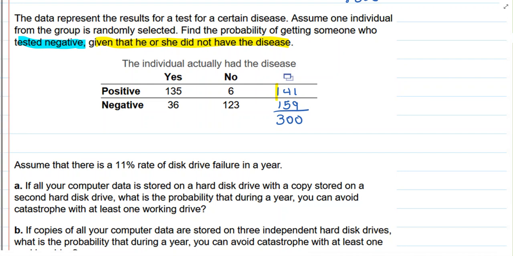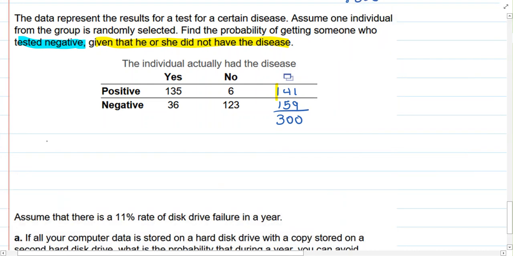Let me make some room. Tested negative, given did not have disease.